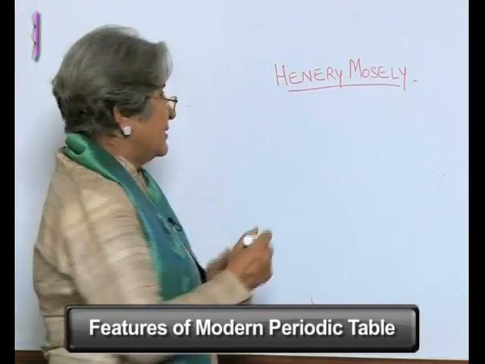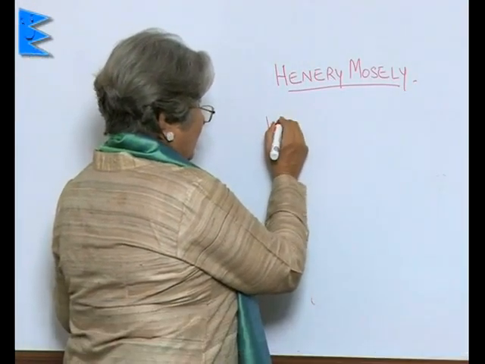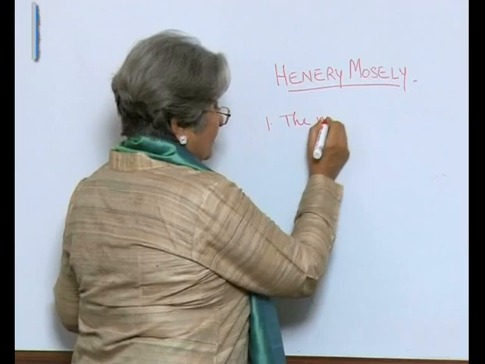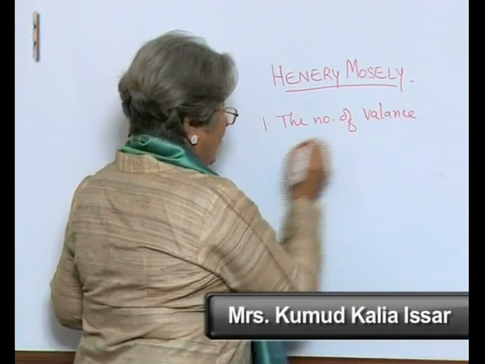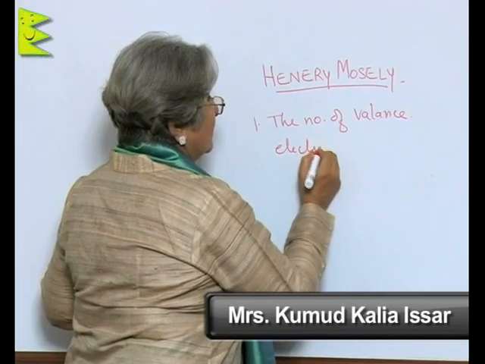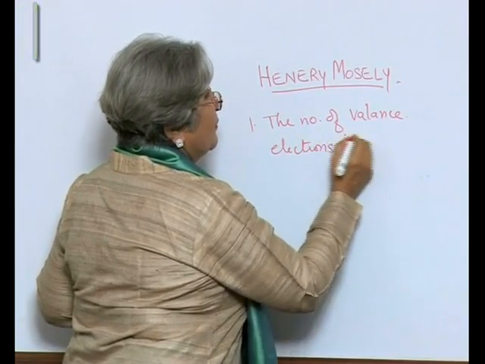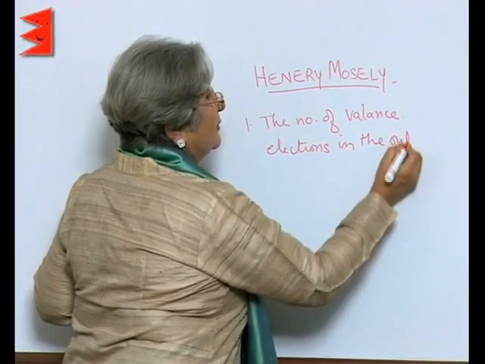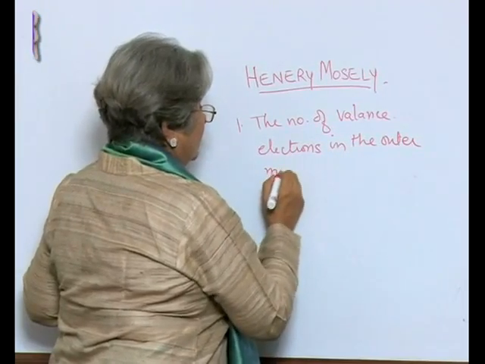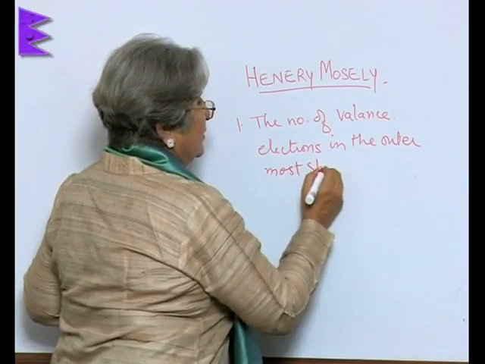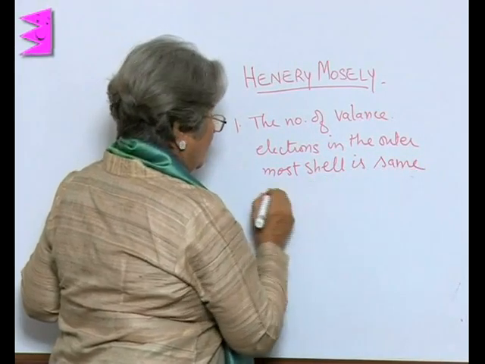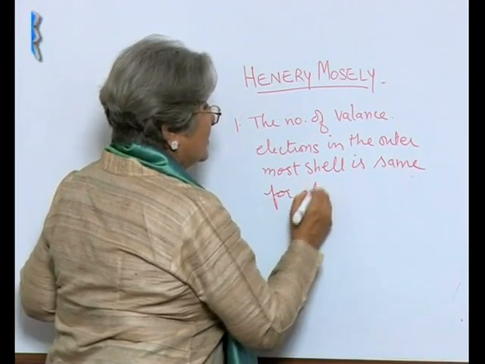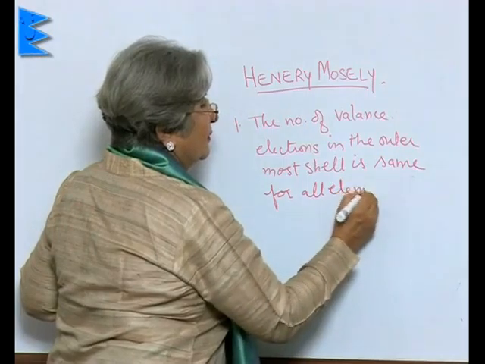First point is that the number of valence electrons in the outermost shell is same for all elements of a group.